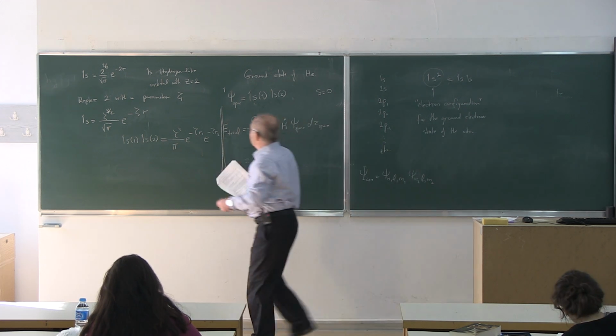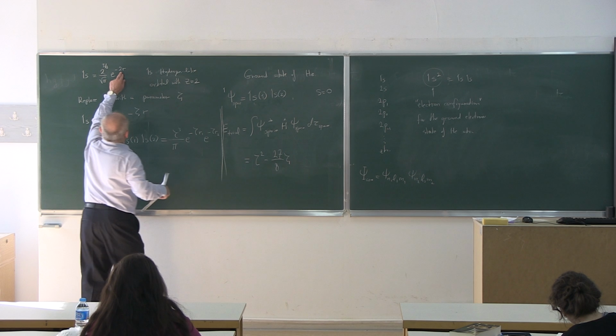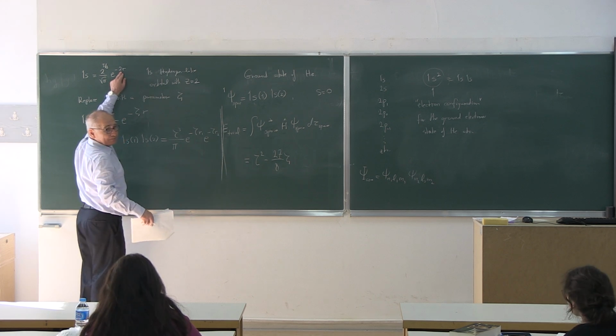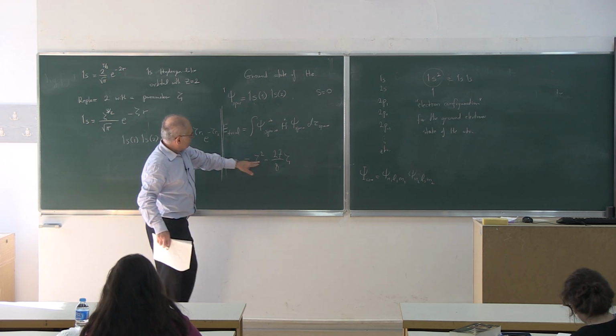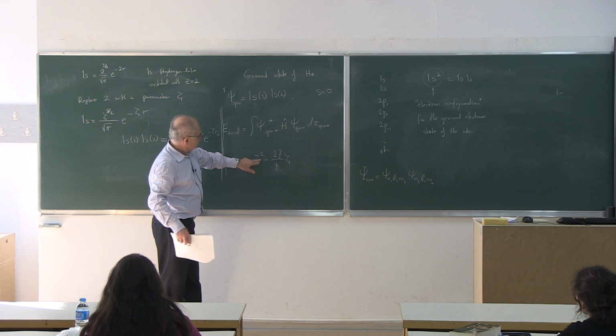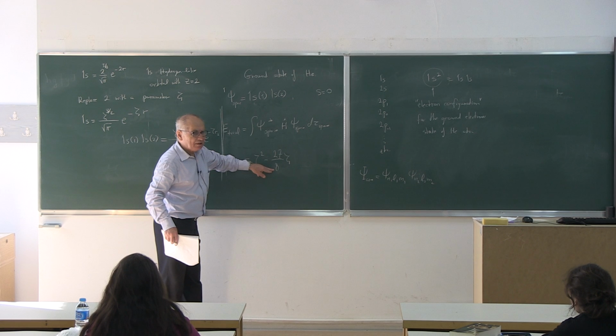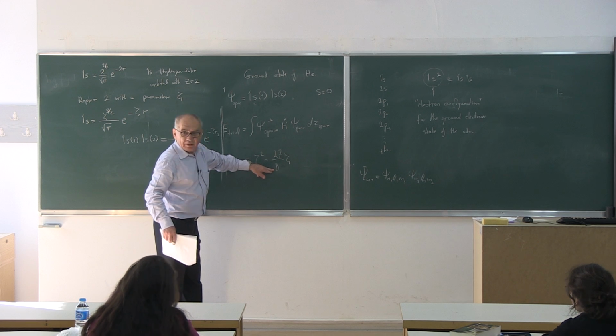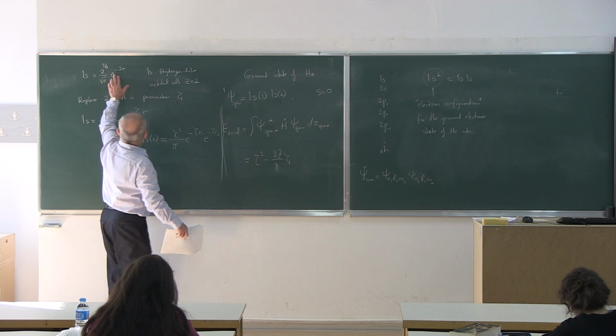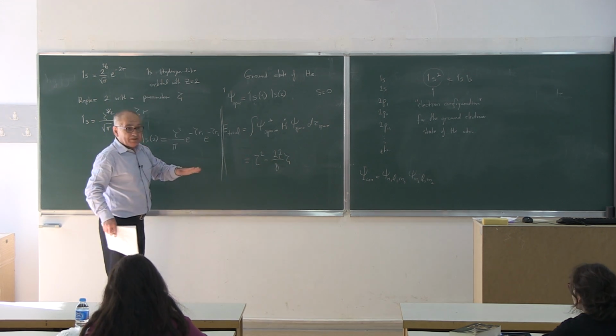If we had used 2 for zeta, then this expression would give you 4 minus 27 over 4.